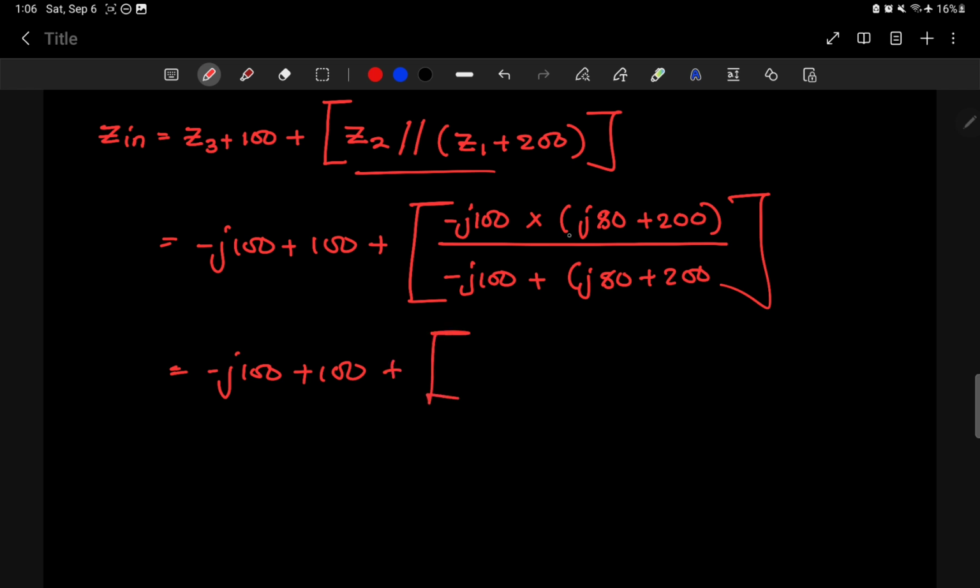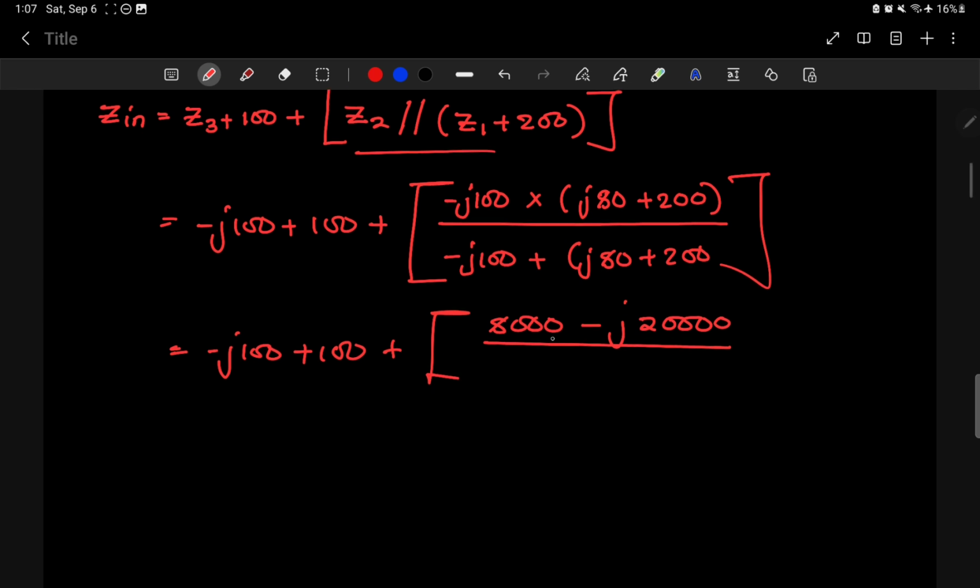When we multiply here, the first term times 100 there will be 8,000. j and j will give us minus 1, so the minus 1 will make this positive. Then next, the minus j100 will multiply the 200 there, giving a negative sign here. The j comes here, so now we'll have 2 with 4 zeros.